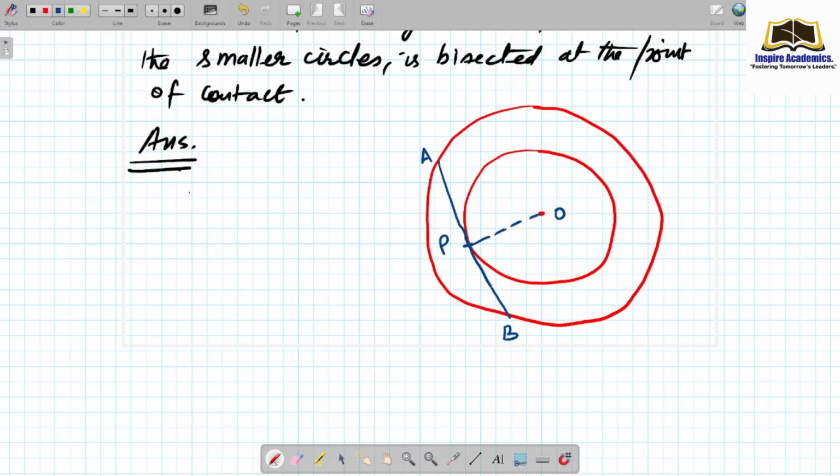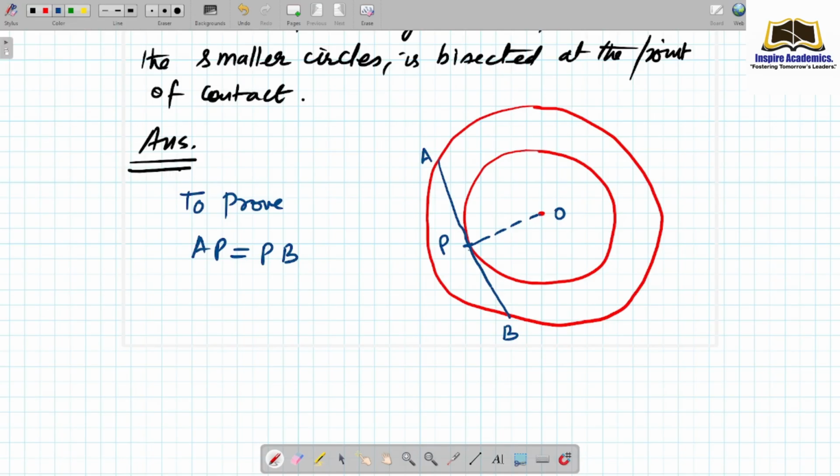That means to prove the point of contact is P. So to prove AP is equal to PB, then only we'll say that P is the bisecting point of AB, right?